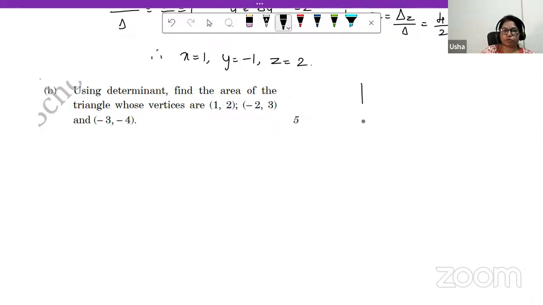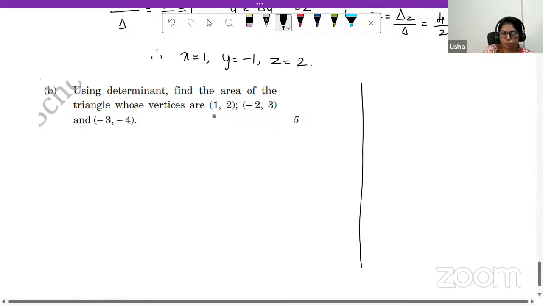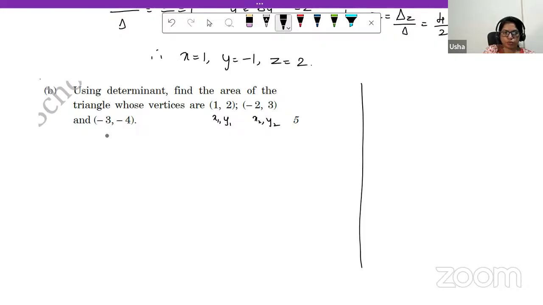So to find area of a triangle, see there are 3 points given, right? So this is x1, y1. This is x2, y2. This is x3, y3.